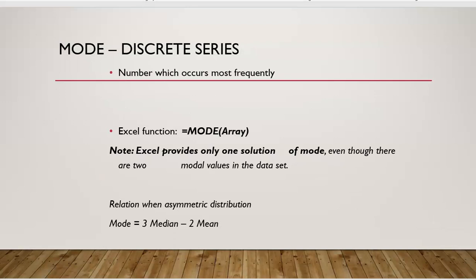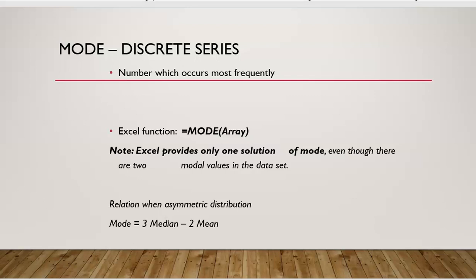Now mode, as said, is the number which occurs most frequently. The Excel function is MODE, the range of values, and you get the mode of the values. There may be more than one mode also, but when you calculate in Excel you just get one value only.